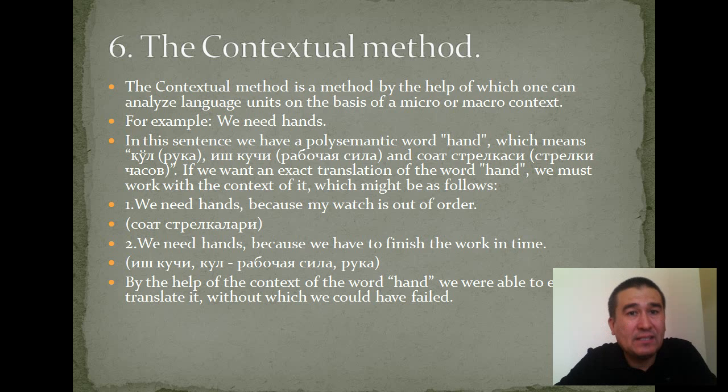So, as you see, the contextual method deals with context, not separately. So you can't use the contextual method in order to analyze a simple sentence. There must be some sentences preceding or coming after it.